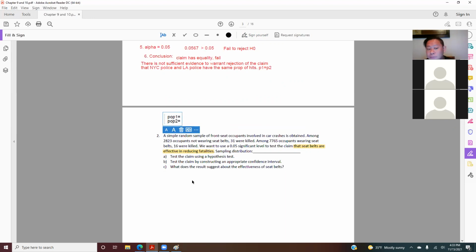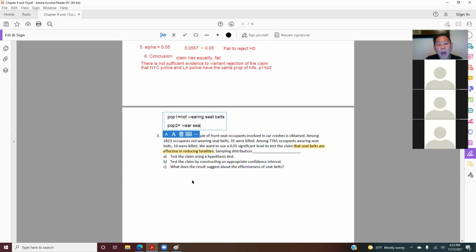Not wearing seatbelts. Okay, so population 1 is those not wearing seatbelts. This is very important. And population 2 are those who wear seatbelts. We just need to declare it first. Okay, now we want the numbers.